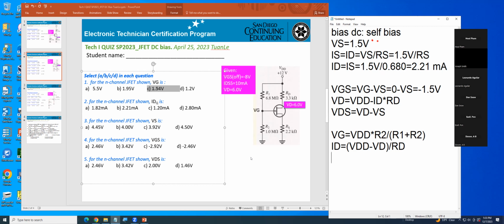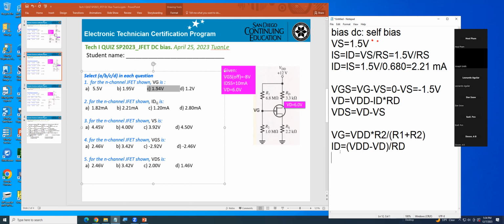Who got number 2? 3.17. Tell me A, B, C, D. You already have the formula.